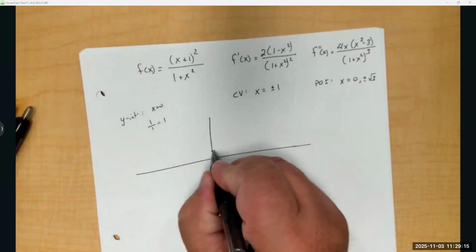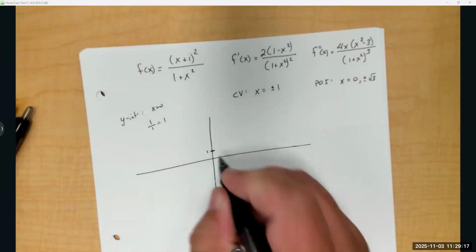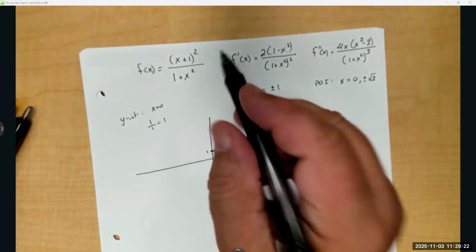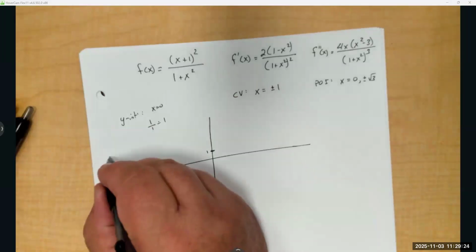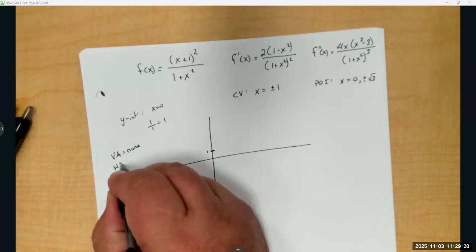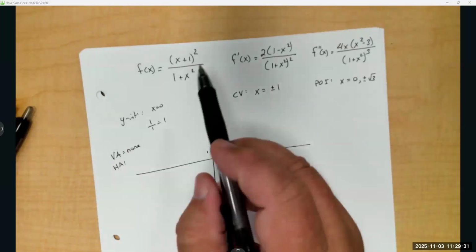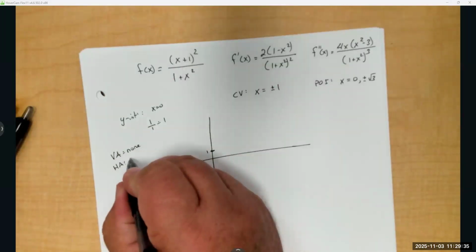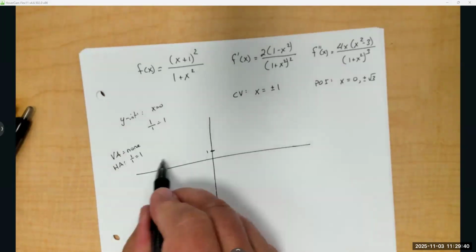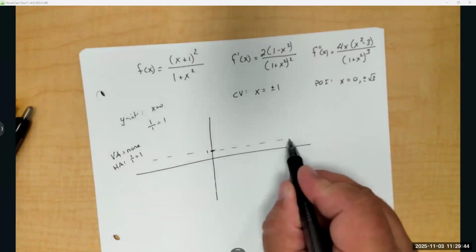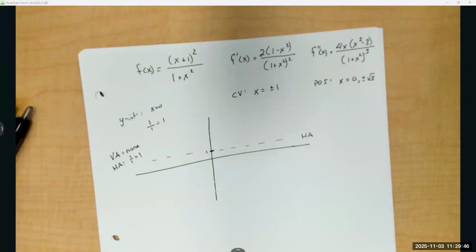So at 1, we have a y-intercept. No vertical asymptotes. So how about horizontal asymptotes? Since the top will be x squared over x squared, the horizontal asymptote will be 1 over 1, which is 1. So there's your horizontal asymptote.